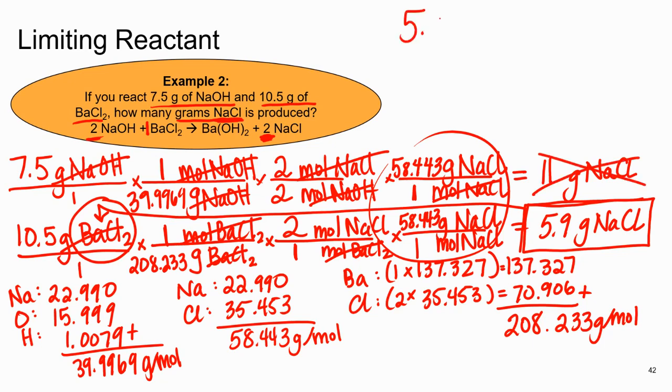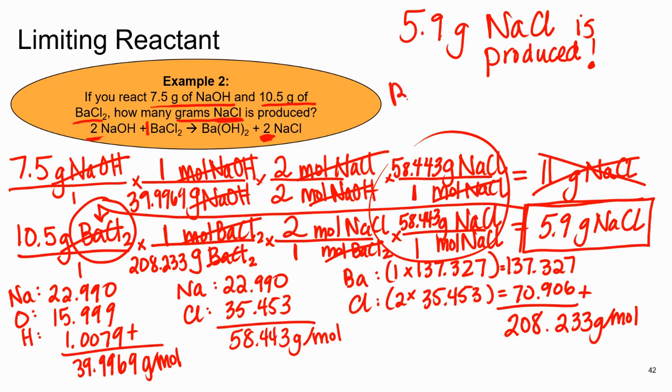This reaction can produce 5.9 grams of sodium chloride. And barium chloride is the limiting reagent. That's our limiting reactant. It limits us to only being able to produce 5.9 grams of sodium chloride.